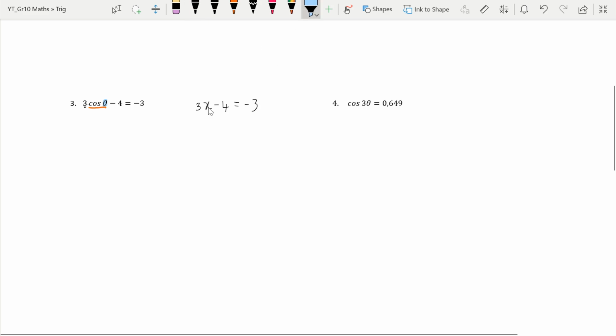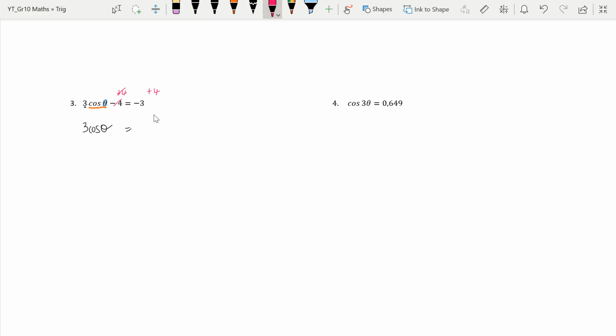We need to look at it like that, where we need to isolate that x in order to solve it. So with this, we're just going to isolate our trig ratio. So when we do that, we need to plus 4 on this side to make it go away, just as long as I do it on the other side as well. Some of you would say that I'm taking the 4 over and change the sign, but actually that is what is happening. And that would give us just 1.